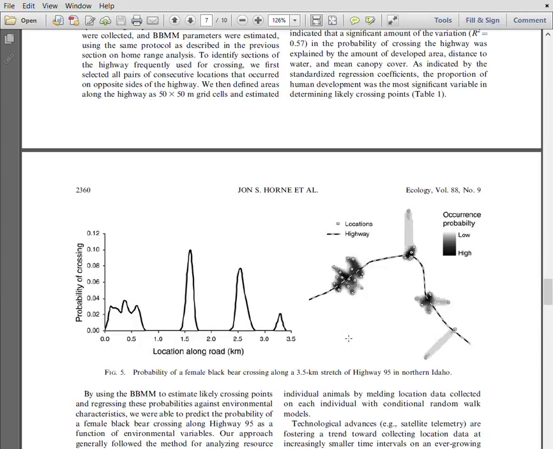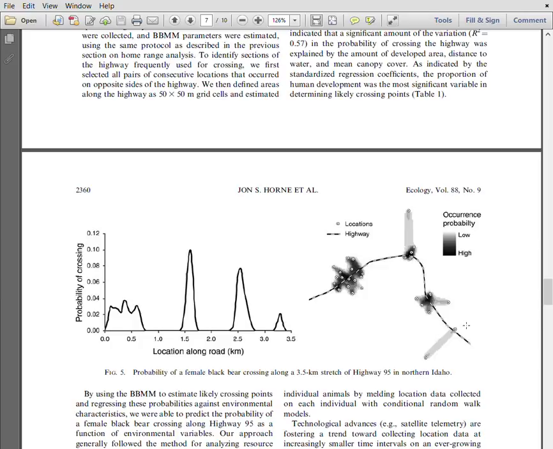So what they did here is that the white dot is where the bear was, and then another white dot is its next location. And they took pairs of points that started on one side of the road and ended on the other, like the bear crossed the road, and they created like a distribution around those points.